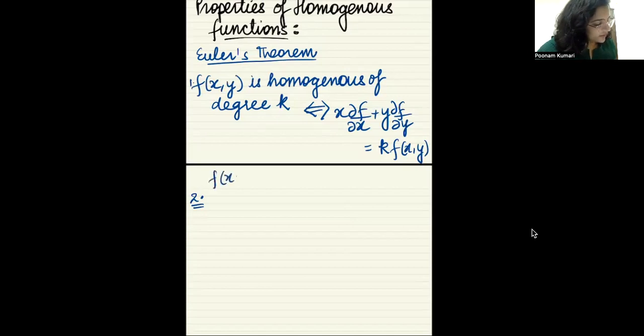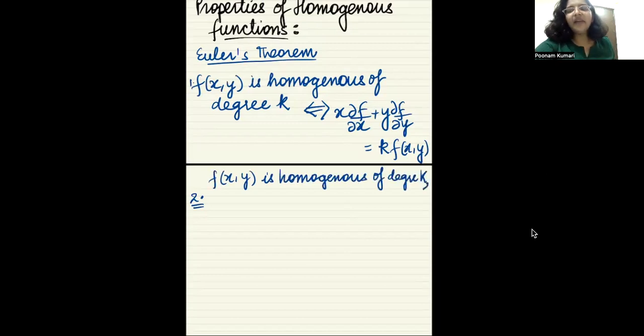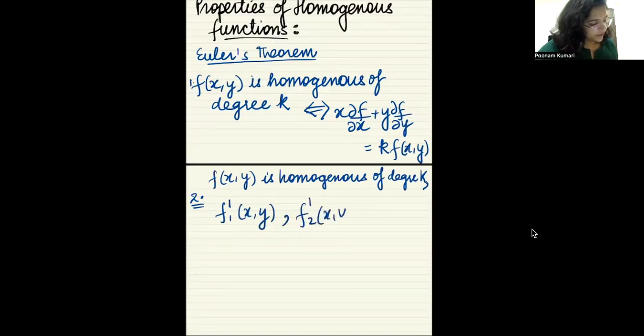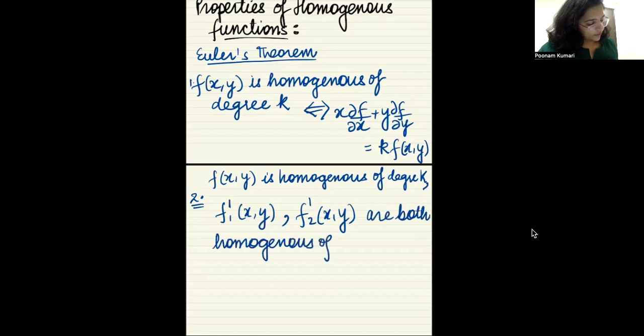So if f(x, y) is homogeneous of degree k, then the first order partial derivatives, with respect to x and with respect to y, both of them are homogeneous of degree k minus 1.